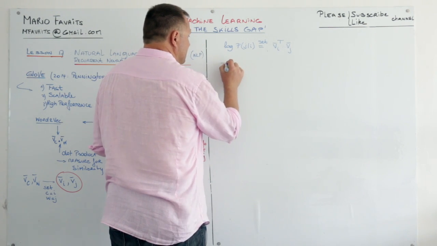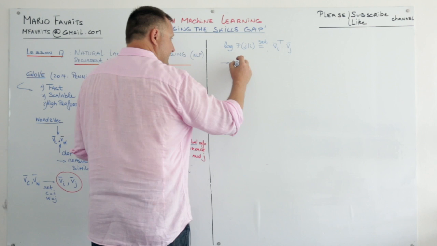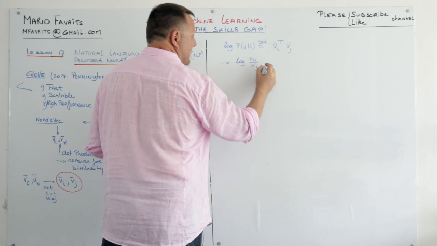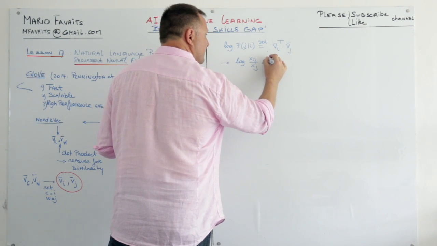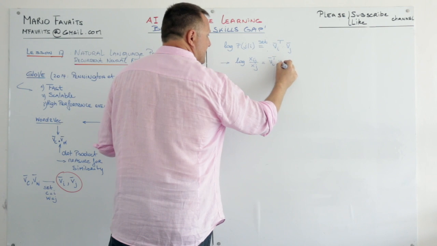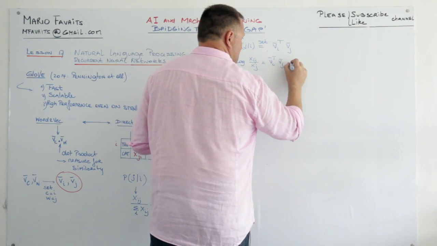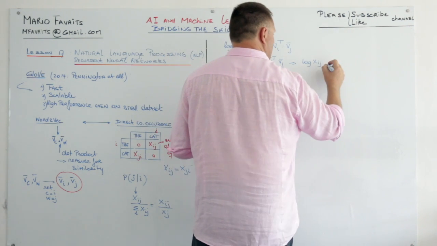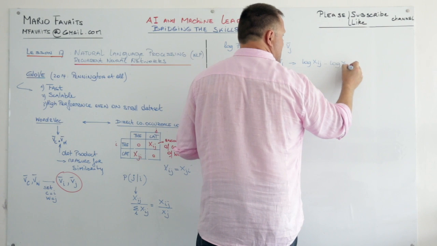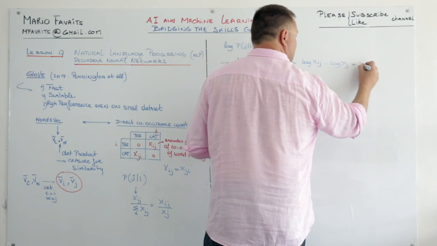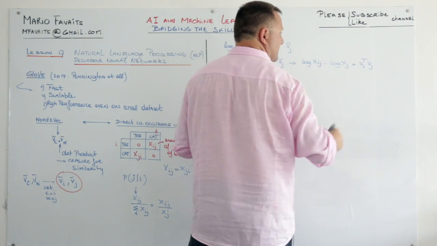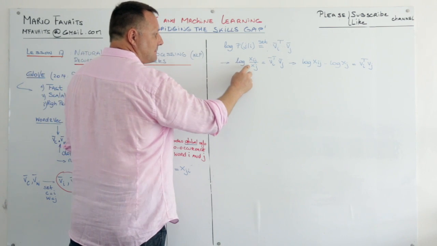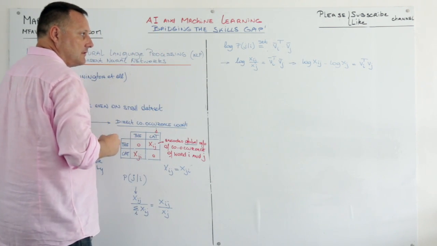Now that means that we have here the log of Xij divided by Xj equals Vi transpose Vj. So that means that the log of Xij minus the log of Xj equals Vi transpose Vj. Because the log of A divided by B is the log of A minus the log of B.